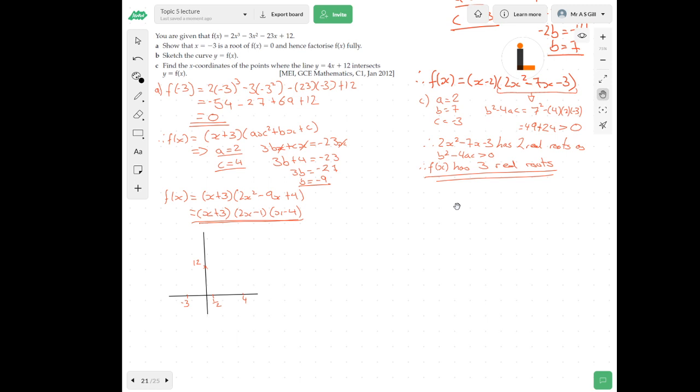And this is a positive cubic, so it's going to look something like that.